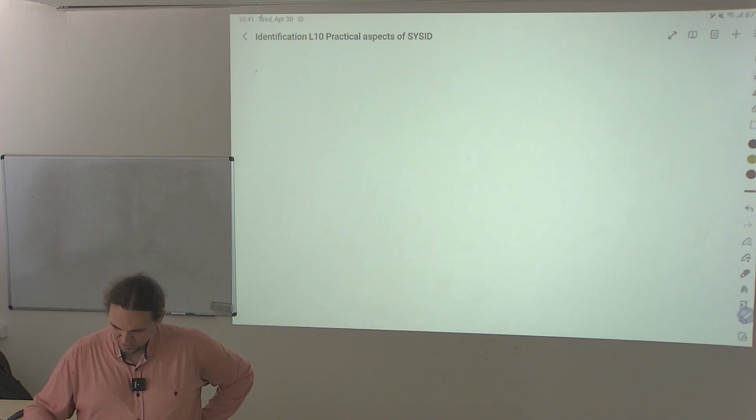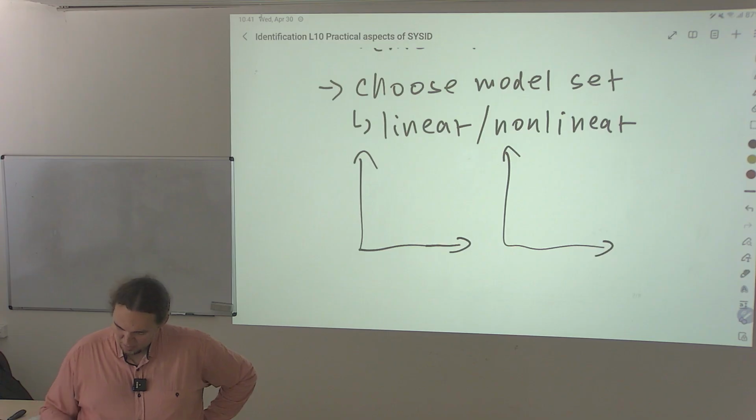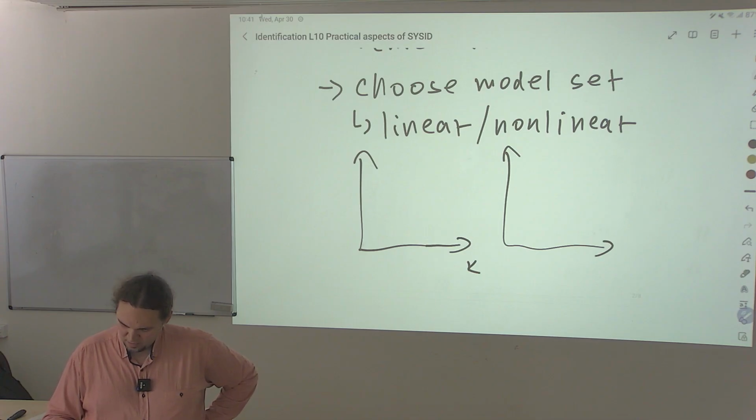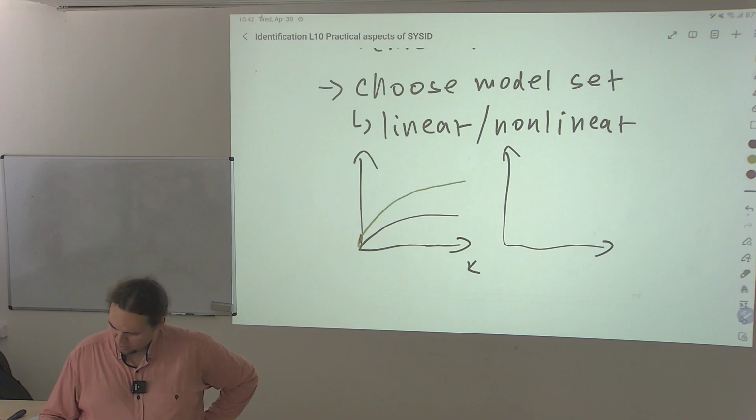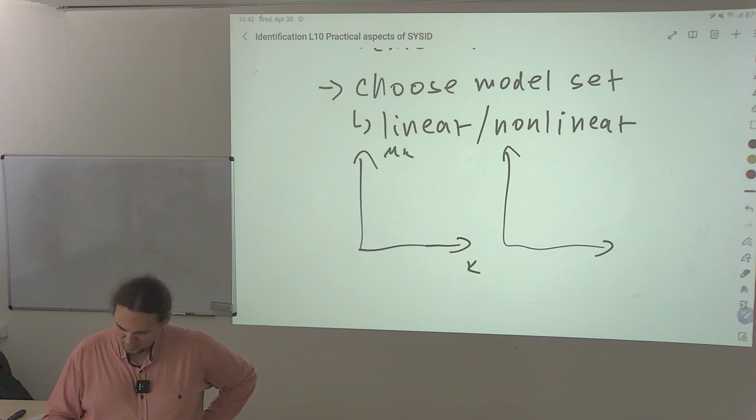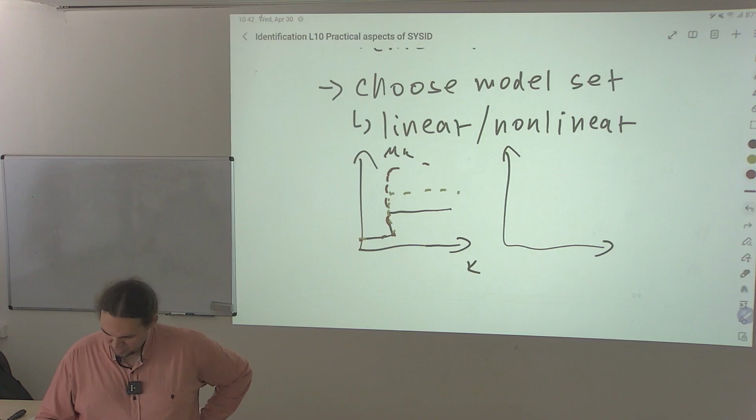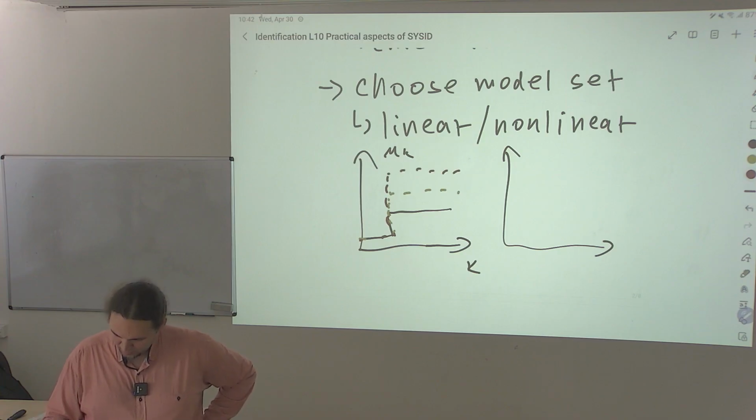Okay, pictures are here. So let's say this is our first step change, this is our second step change, and this is our third. Let's maybe make it somehow equal.